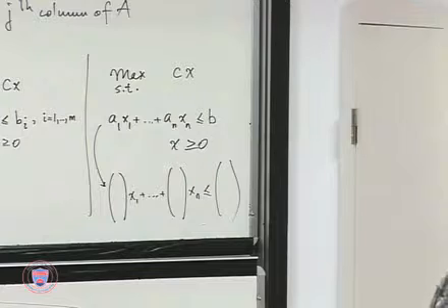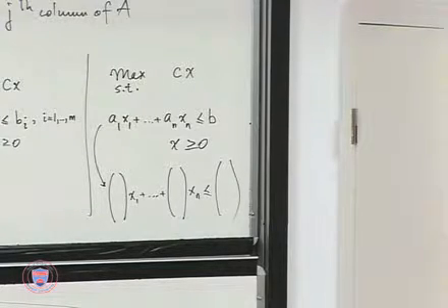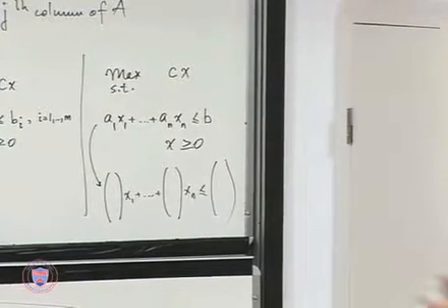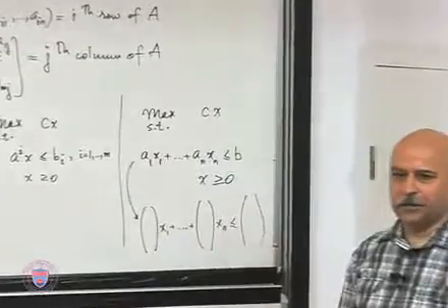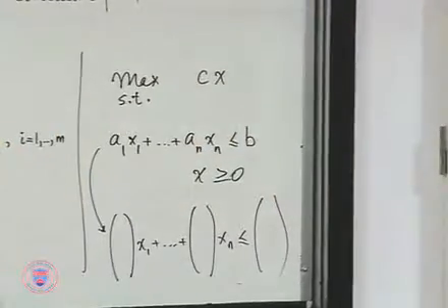Sometimes this comes in real handy for interpreting certain aspects of the problem. For example, there's the column generation aspect of linear programming, which you may or may not have heard. In that case, this column interpretation is really useful.